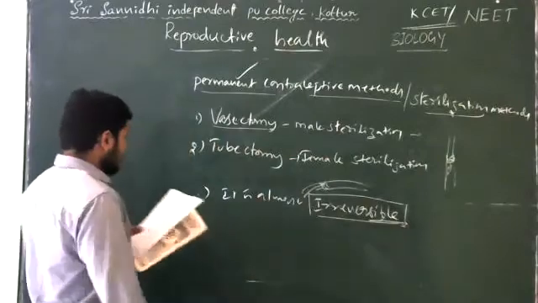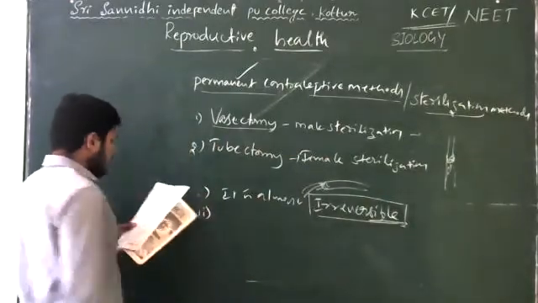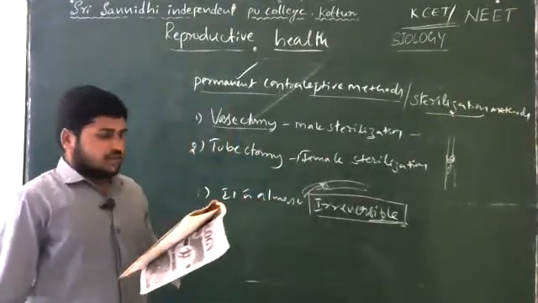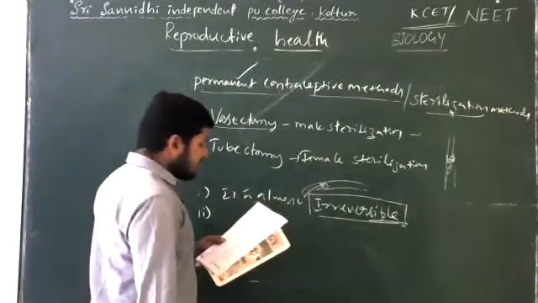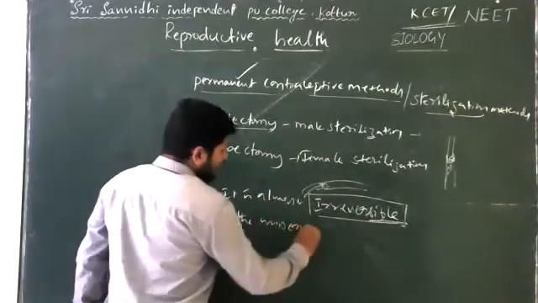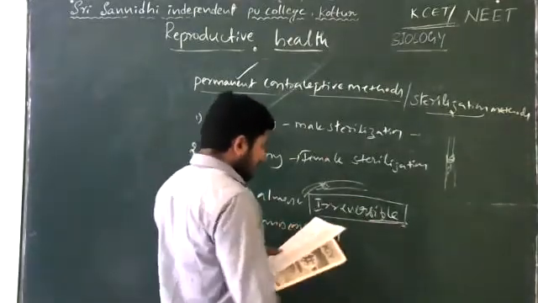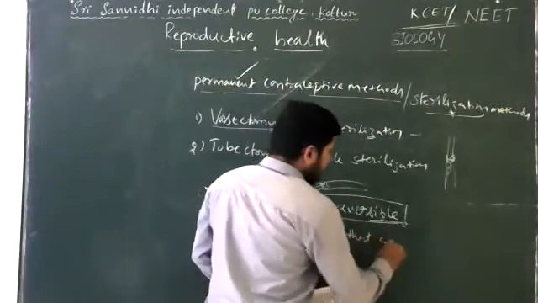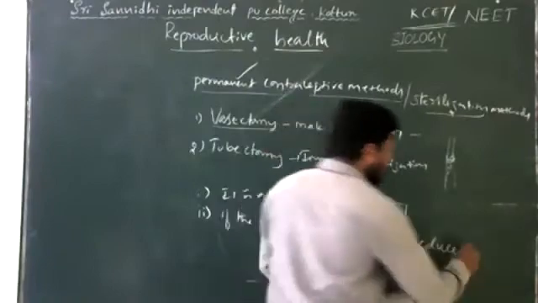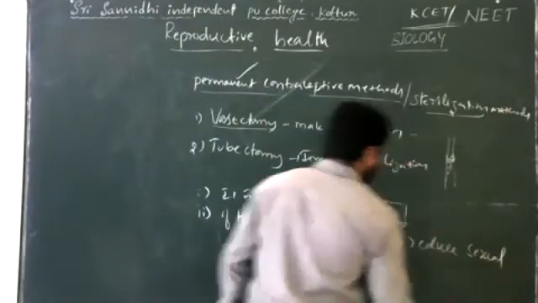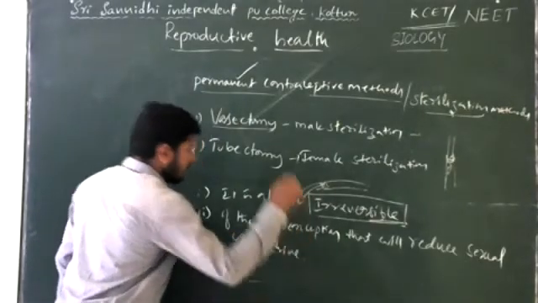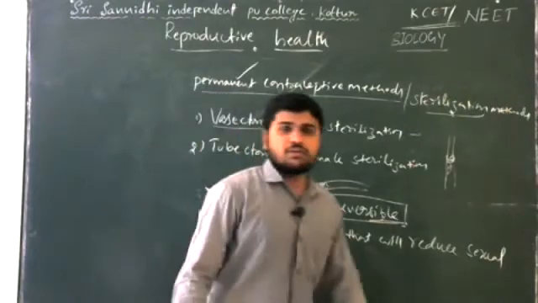First thing. The second reason why couples take the last option for contraception is the misconception that it will reduce sexual urge or drive. Sexual drive or urge means what? The sexual feeling of an individual.